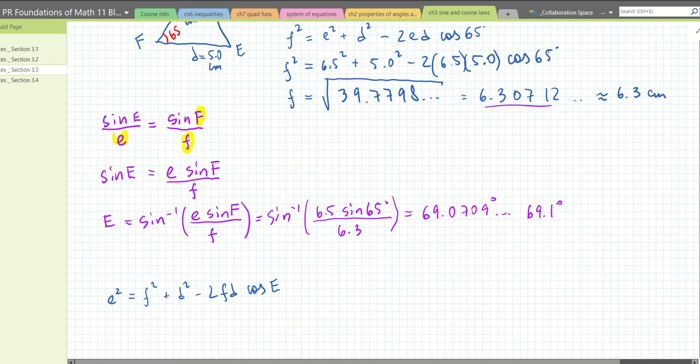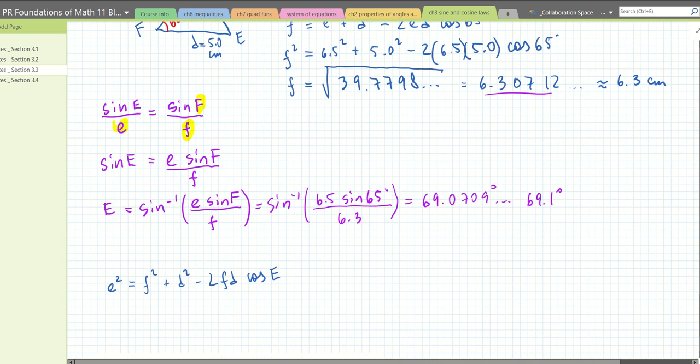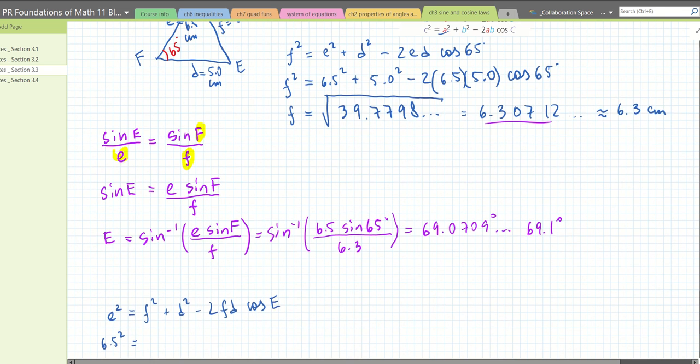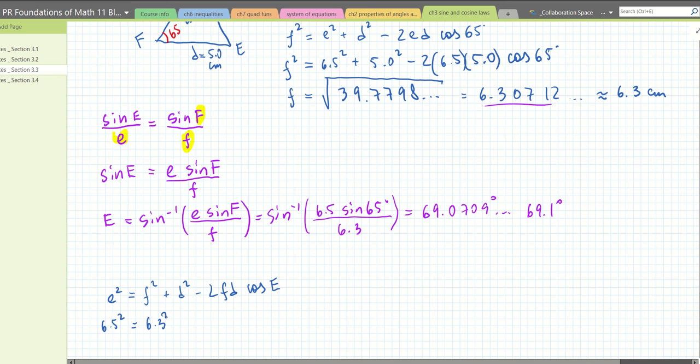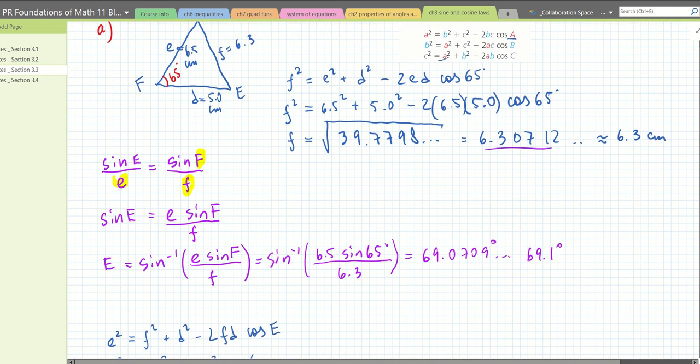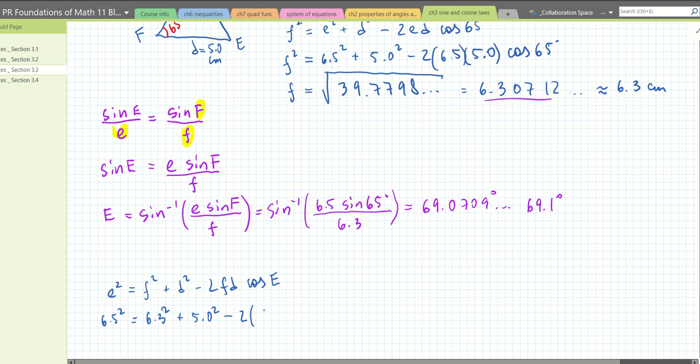So this means that we can start plugging in the values. Again, our side E is 6.5, so I'm going to plug in 6.5 here, squared. F is 6.3, and D is 5.0, minus 2 times F, which is, F was 6.3, not 5, 6.3 times D, which is 5, times cos E. All right.